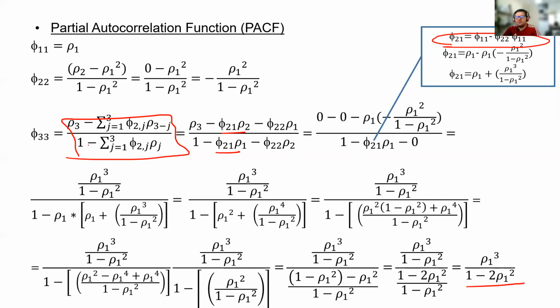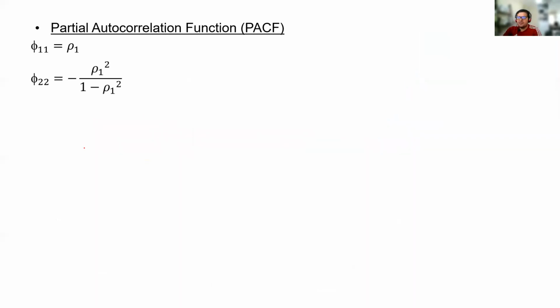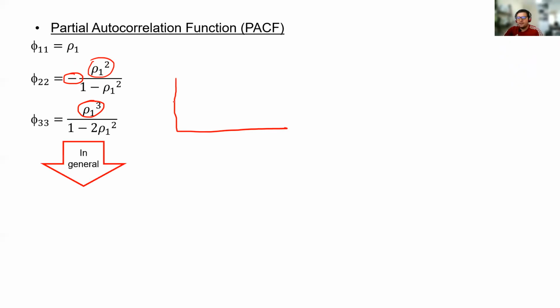But one thing does come to mind. Let me go to the next slide where everything is nicer. We start at rho 1, then it turns negative, then it turns positive. And this rho, which we know is a number below 1, so 0 point something, first will be squared, then will be cubed. So we notice that these values will not only start decreasing in absolute value, but will switch signs, right?